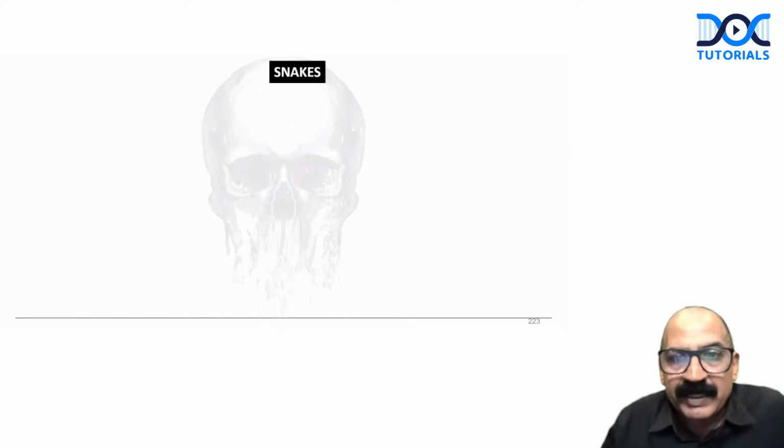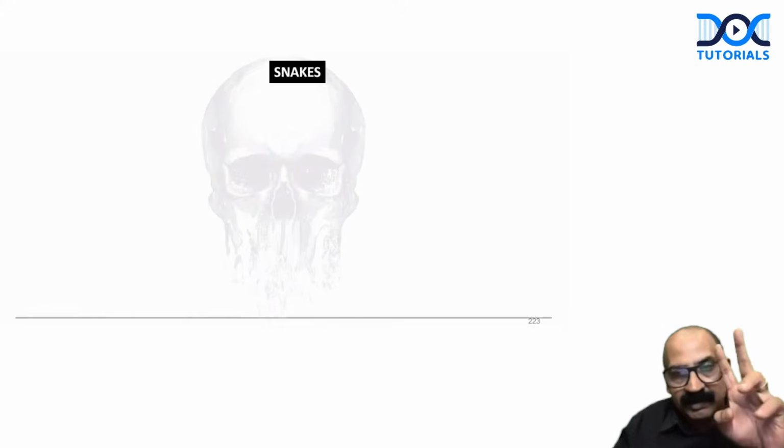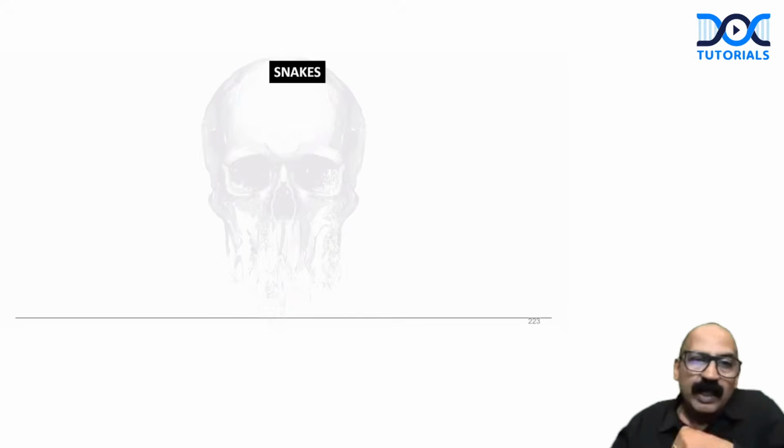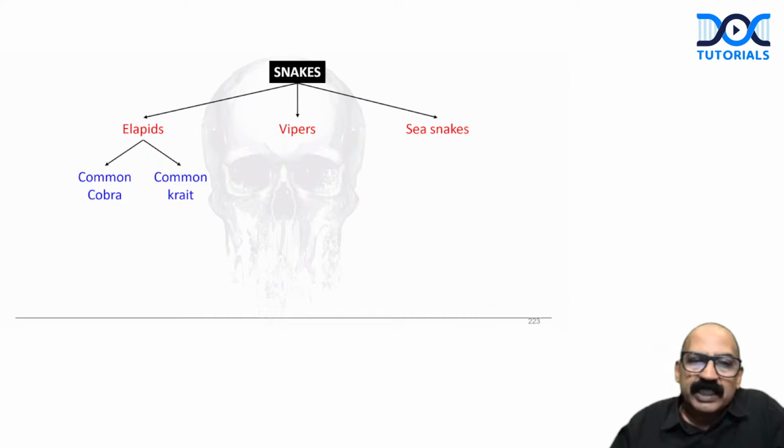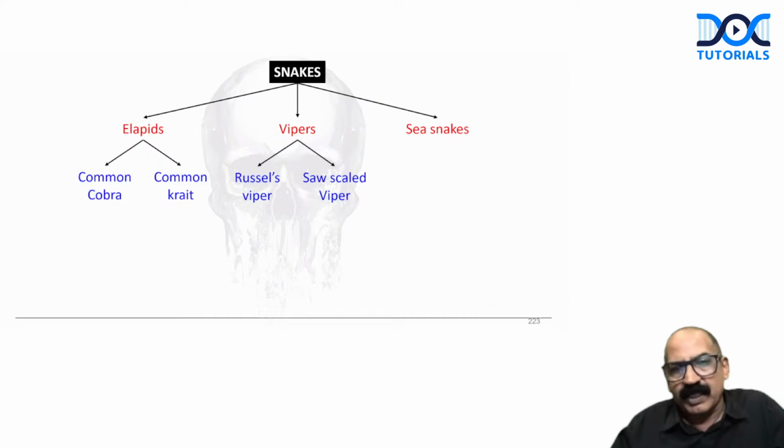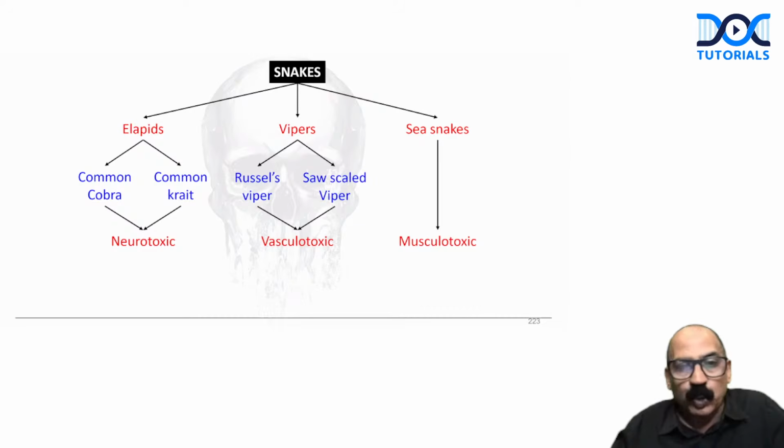At the same time, let me discuss another point. In India, there are 4 big snakes: 2 elapids, common cobra, common krait; vipers, Russell's viper, saw-scale viper. Elapids are always neurotoxic, vipers are always vasculotoxic, and sea snakes are myotoxic or muscular toxic.